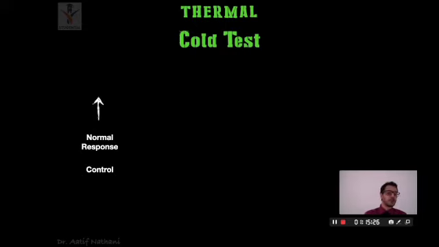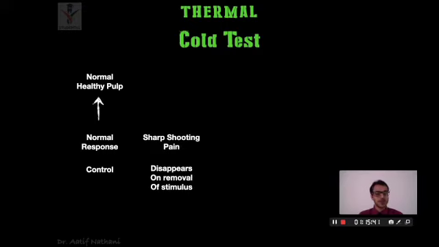If the affected tooth is responding in the same way as the normal tooth, the control tooth, that means the pulp inside the affected tooth is still in a normal, healthy state. If there is sharp shooting pain which disappears immediately after the stimulus, this is an indication that the pulp is in a reversible pulpitis state.